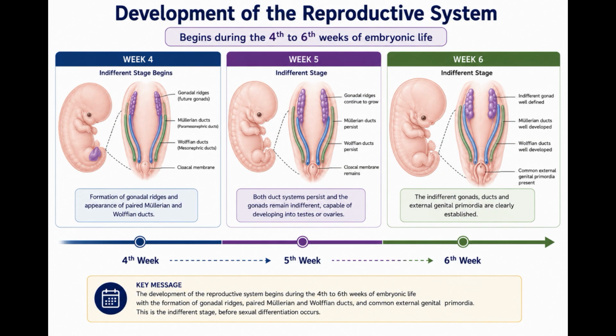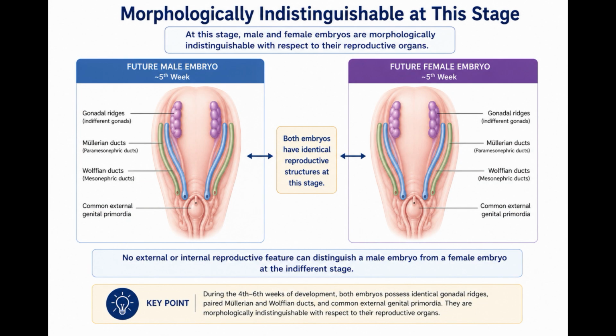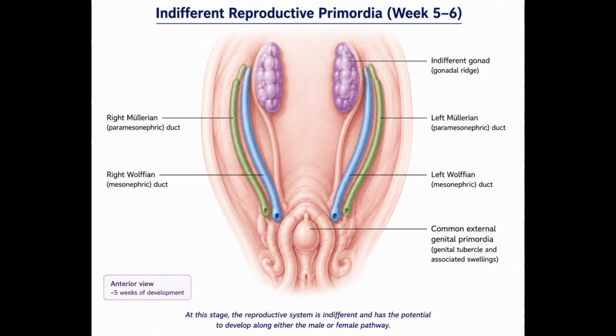Development of the reproductive system begins during the 4th to 6th weeks of embryonic life. At this stage, male and female embryos are morphologically indistinguishable with respect to their reproductive organs. Both possess an indifferent gonad, a pair of Müllerian (paramesonephric) ducts, a pair of Wolffian (mesonephric) ducts, and a common set of external genital primordia.